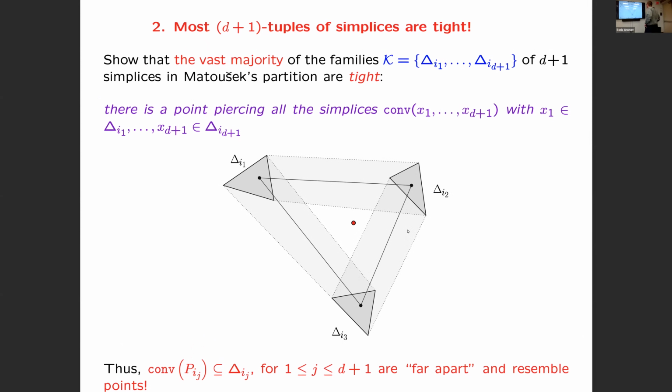We are looking at all the possible d+1 tuples. Rather than looking at d+1 tuples of points, we are going to look at d+1 tuples of the simplices in Matoušek's partition. So we will look at them as super edges.